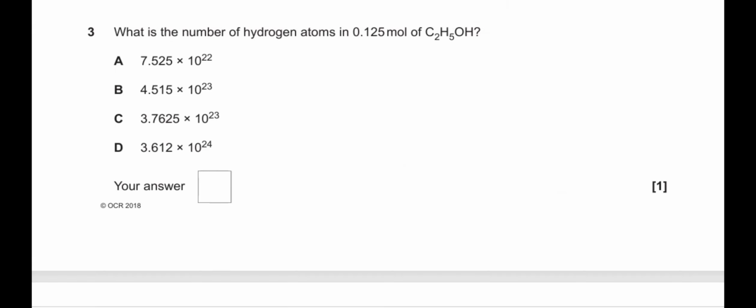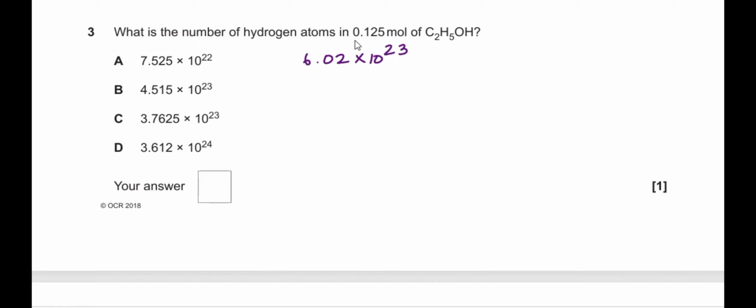Question 3. What is the number of hydrogen atoms in 0.125 moles of C2H5OH? We know that the number of molecules, ions or atoms in 1 mole of any species is the Avogadro number, which is 6.02 times 10 to the power of 23.